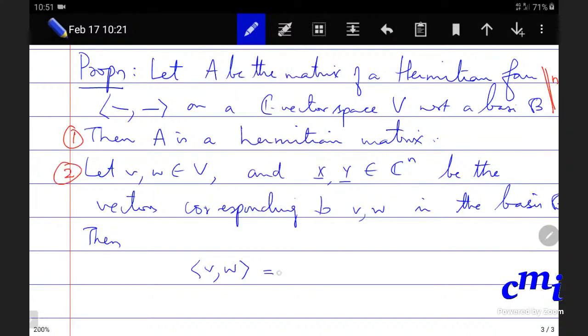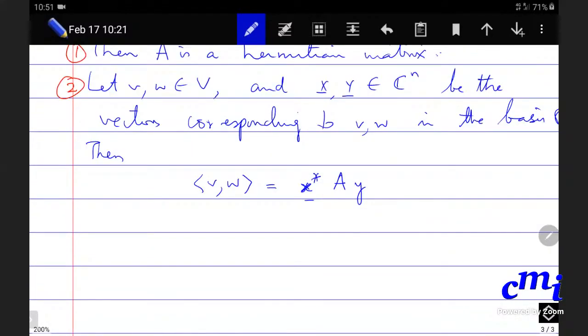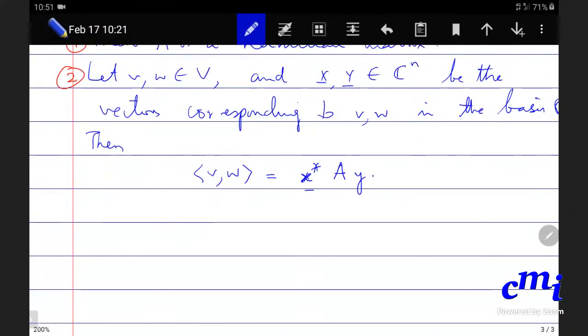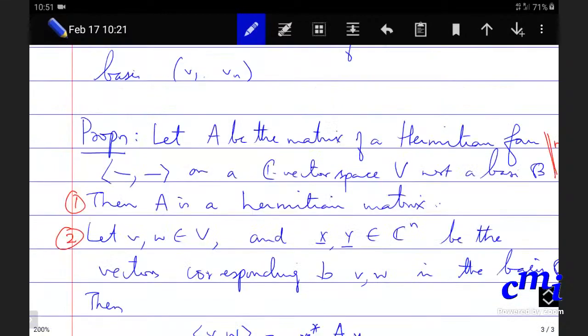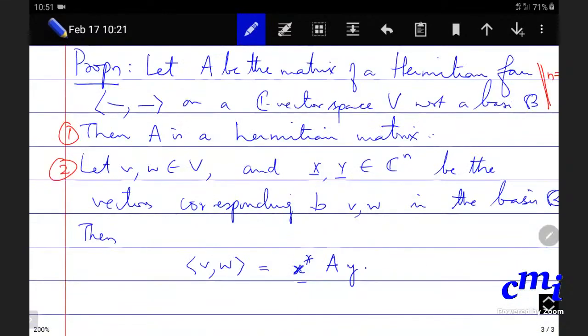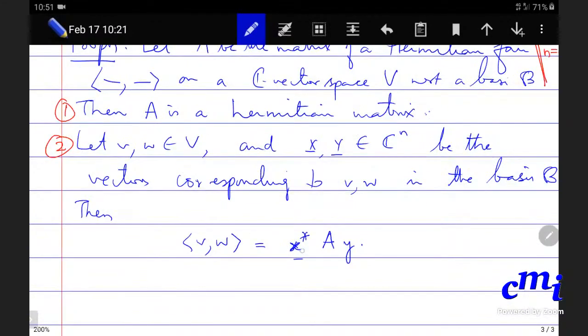This is X conjugate transpose A, Y. So this is why. Starting from a Hermitian form, how do we express it as a vector matrix vector multiplication? This is what it says.